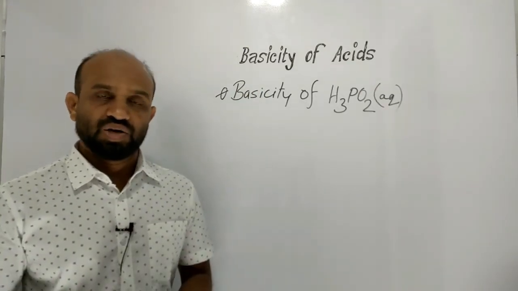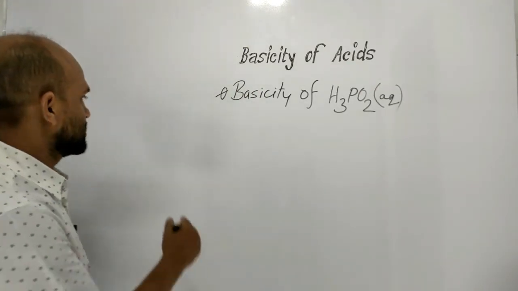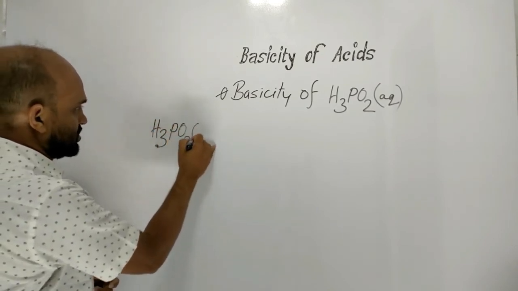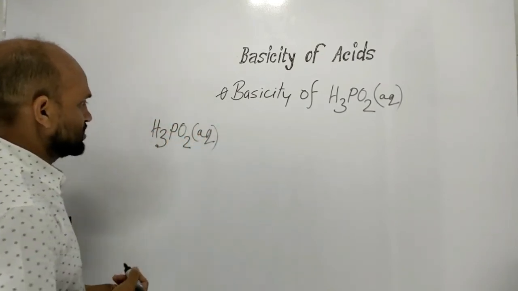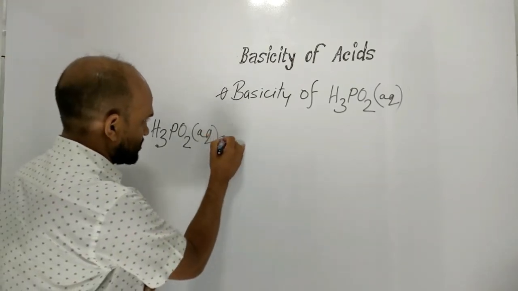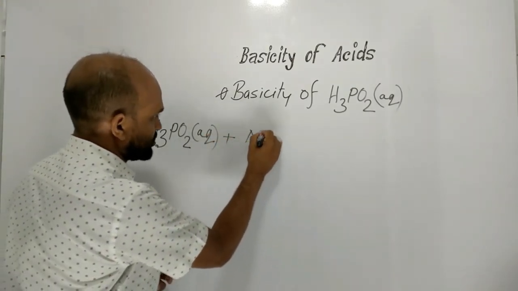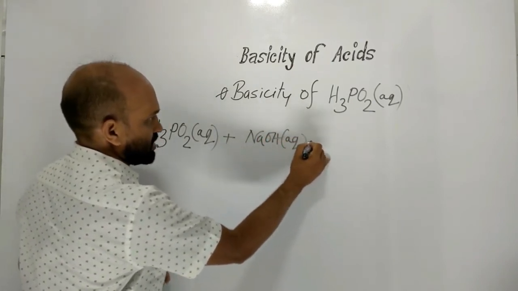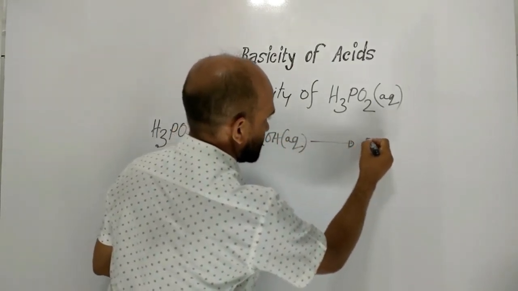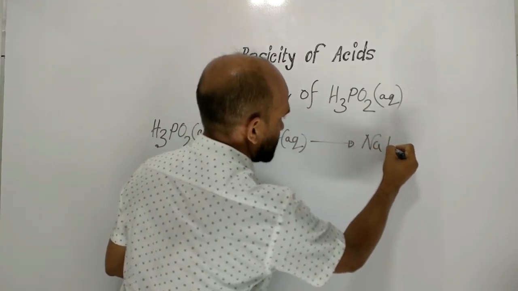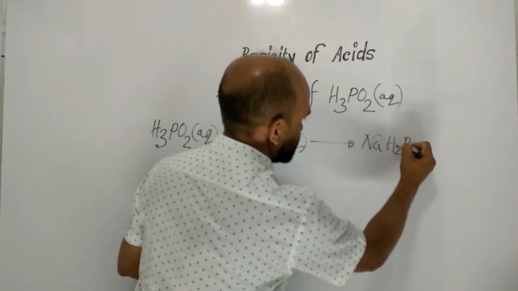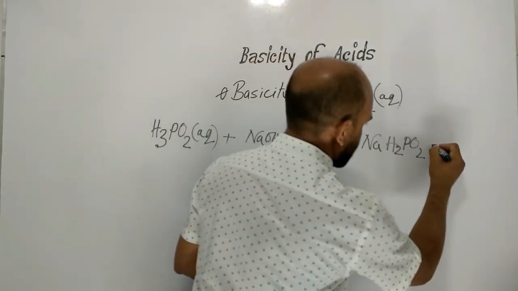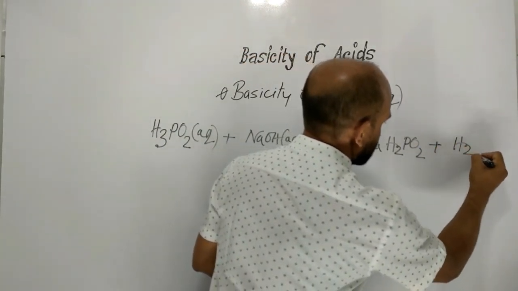Basicity of hypophosphorous acid. This is hypophosphorous acid that reacts with sodium hydroxide, and as a result sodium hypophosphite is formed, and at the same time water is formed.